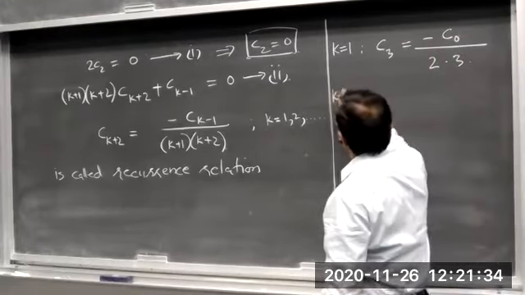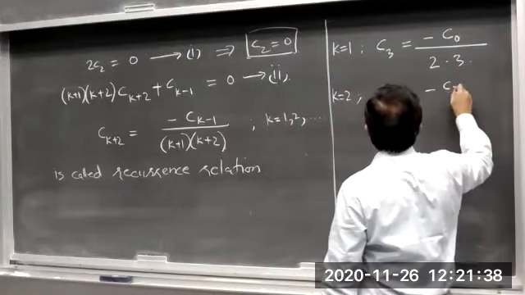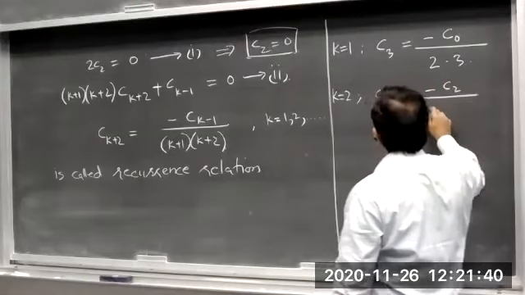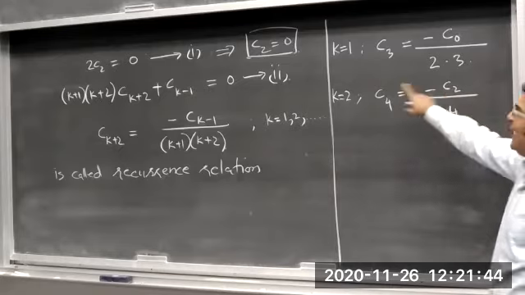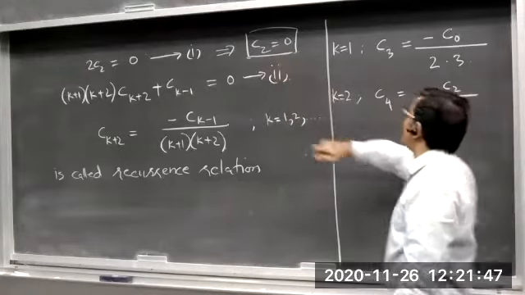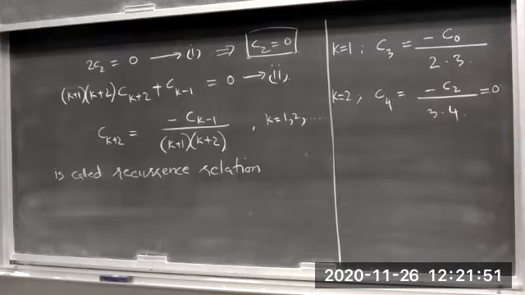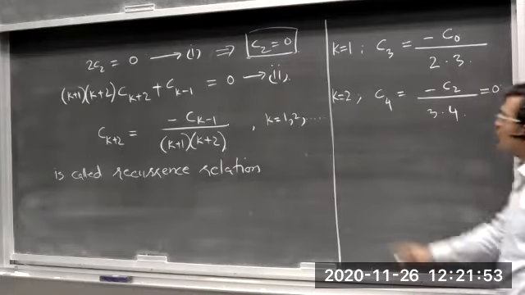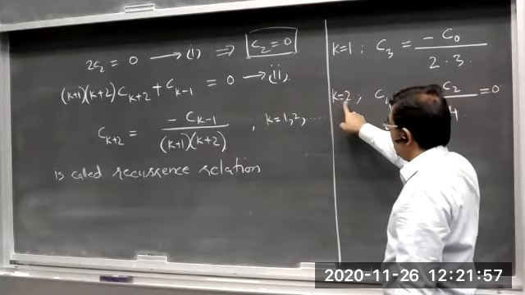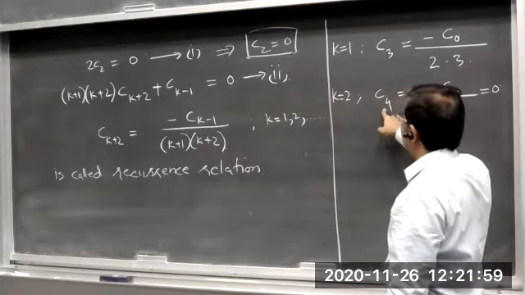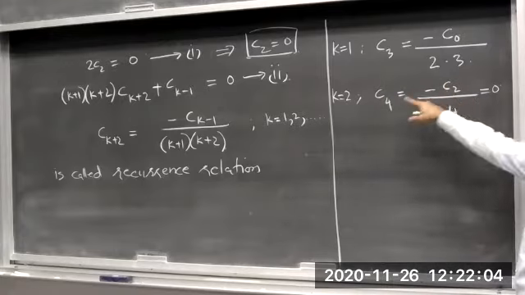Now, when k is equal to 2, we obtain C4 is equal to negative C2 divided by 3 into 4. But remember that C2 is 0 here. If C2 is 0, then C4 will become 0. Similarly, when we put k is equal to 4, we have C6, and so on.